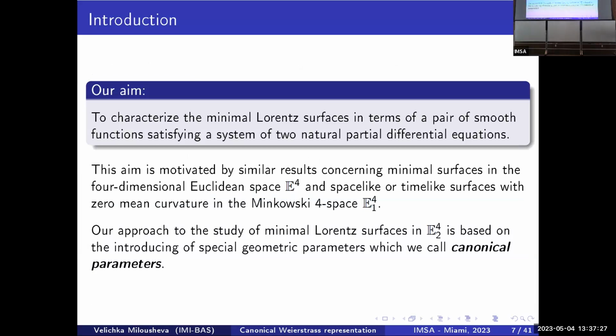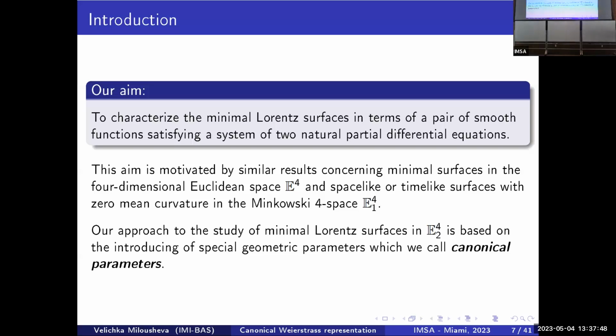And now, our aim is to characterize the minimal Lorentz surfaces in terms of a pair of smooth functions which satisfy a system of two natural partial differential equations. And this actually solves the problem of Wintgen for minimal surfaces in four-dimensional spaces.